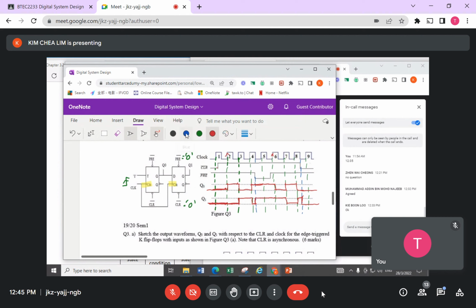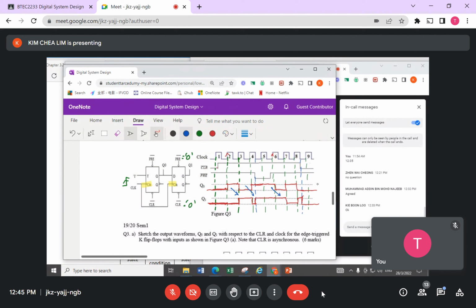This is where we say delay, D flip-flop, right? So by right they should delay, but because of the preset, I preset the output. All these are preset up to here, and this one comes to this side.